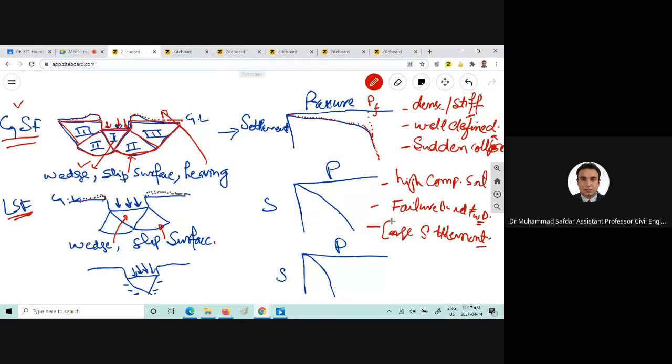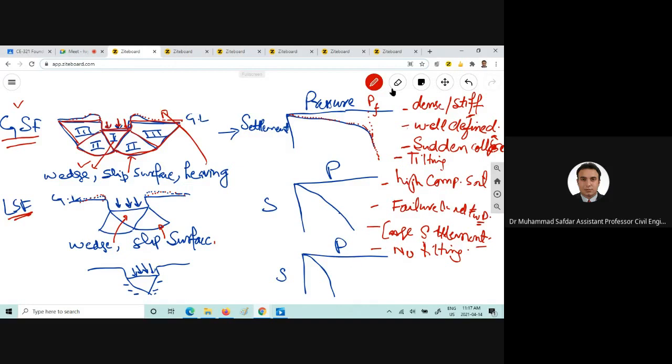And here, in case of the general shear failure, tilting will occur, but no tilting after the sudden collapse. Okay.